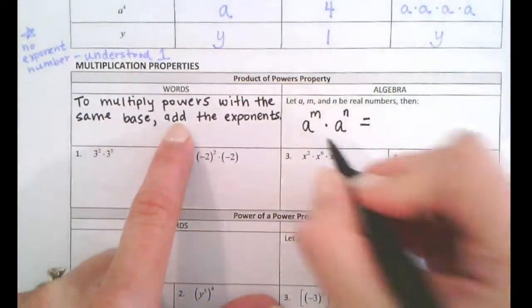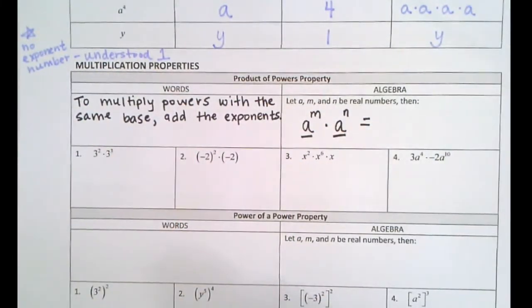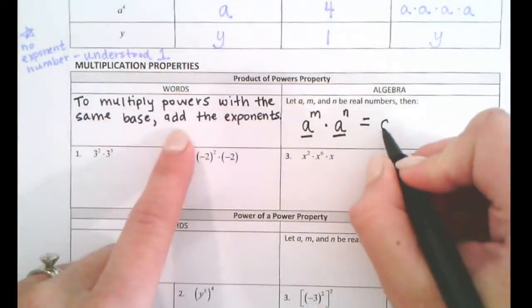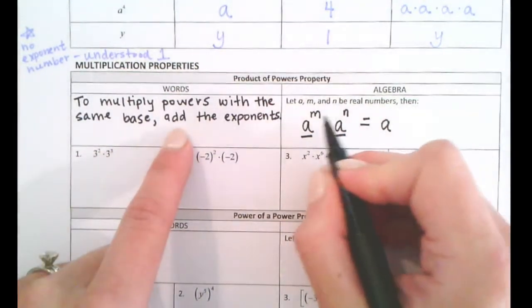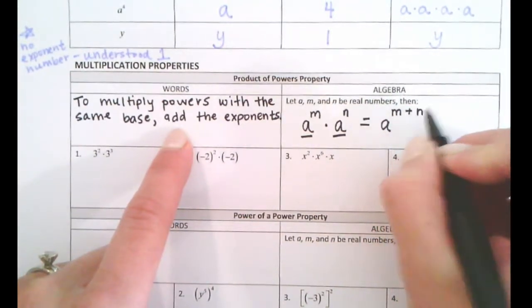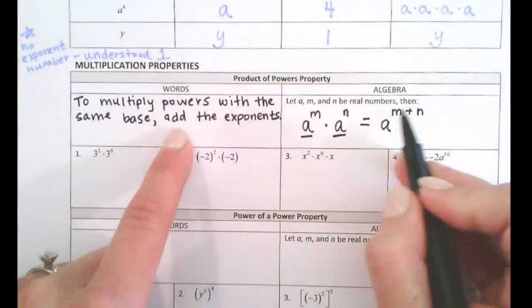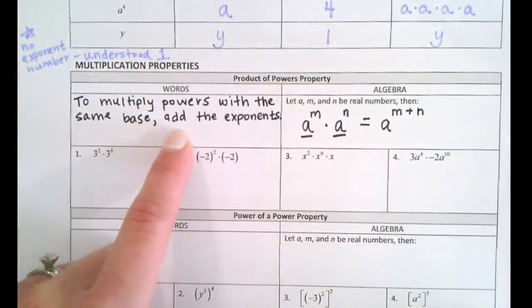Simplifying these, since they have the same base, I'm going to add the exponents. So my base stays as a, and my exponents become m plus n. Once we actually have real numbers here, we will add those numbers together.